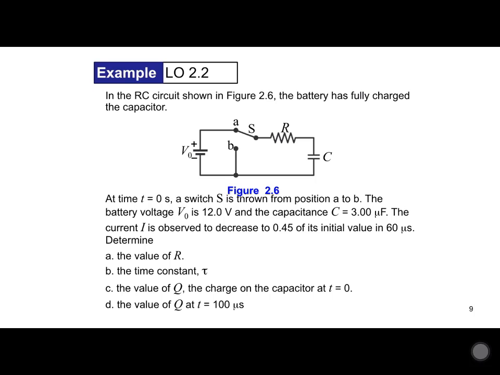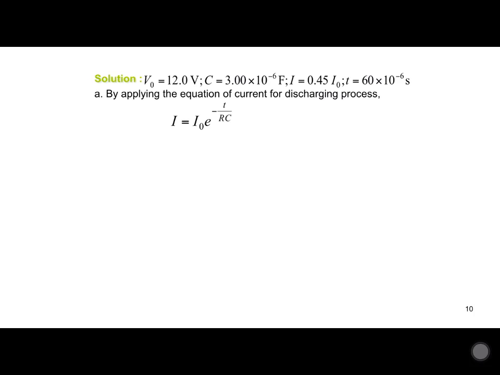As the switch is closed at position A, the capacitor in the circuit is being charged. And then when it changes to position B, the capacitor will start to discharge. So we will apply the equation for current for the discharging process, that is I equals I naught exponential negative t over RC.